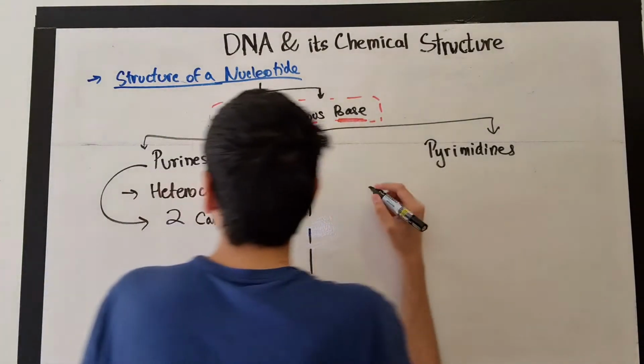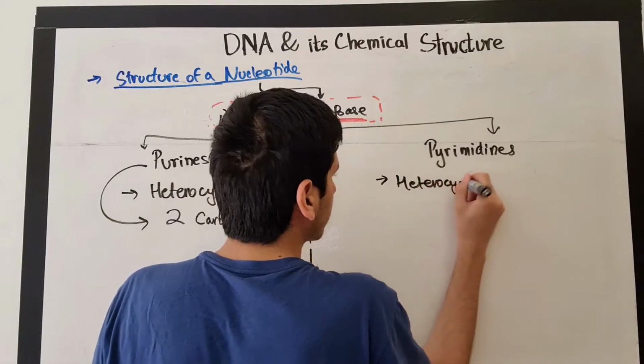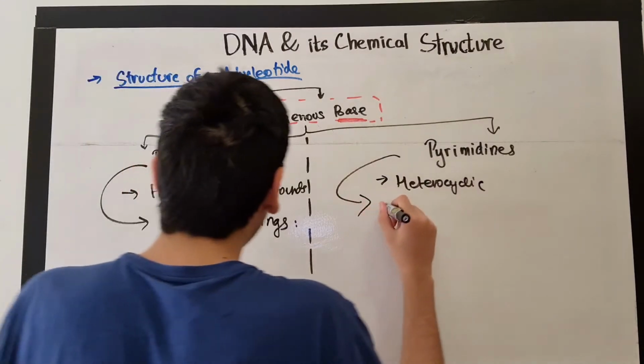And pyrimidines, which are also heterocyclic compounds, so that's not really a difference, but I'm writing it there, have only 1 carbon ring.